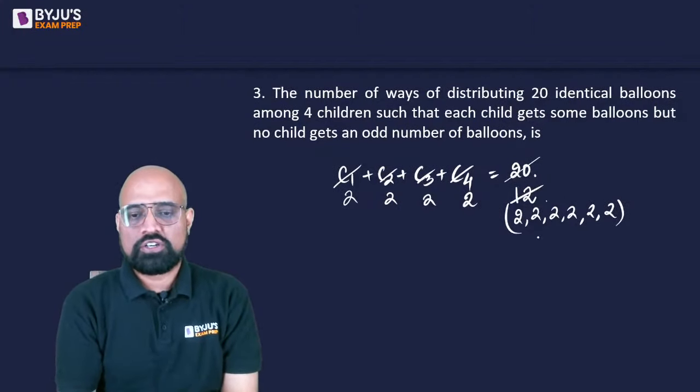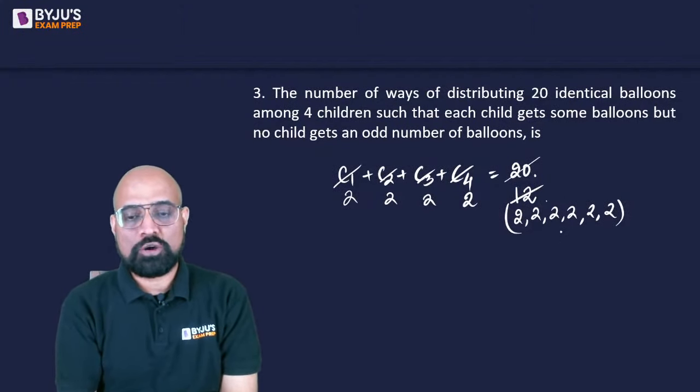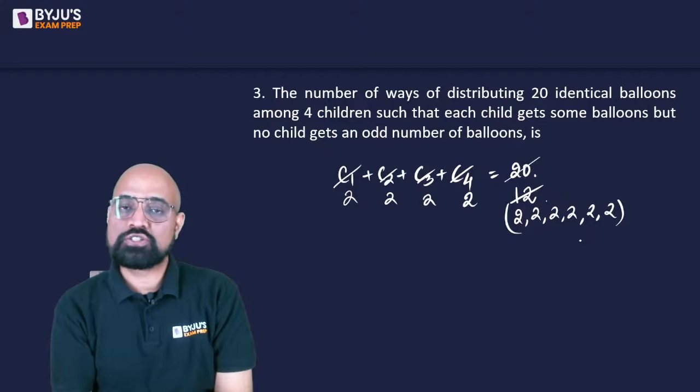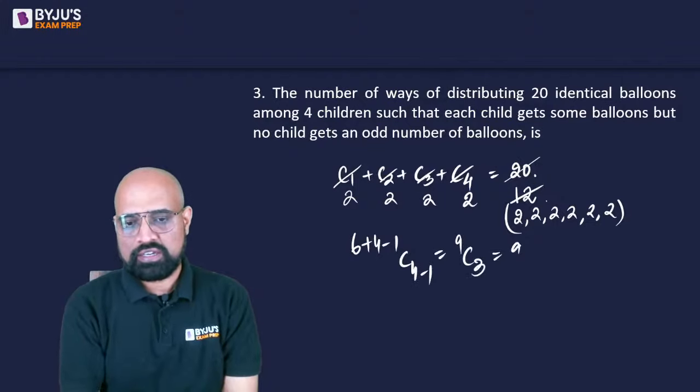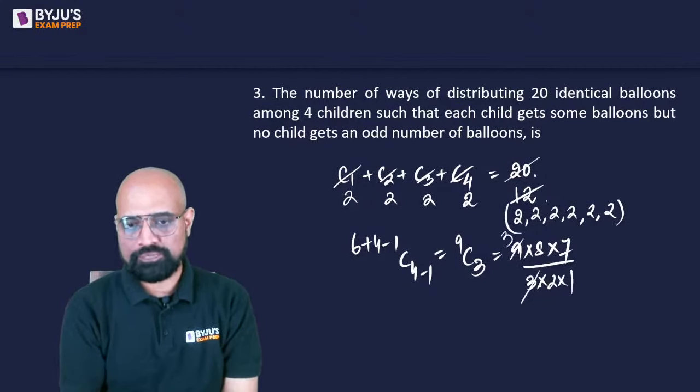So the question changes to: in how many ways can I give 6 2s to 4 children? It's going to be 6 plus 4 minus 1 C 4 minus 1, which gives 9C3. 9 into 8 into 7 divided by 3 factorial, which is 3 into 2 into 1. So 3 goes away, this 2 goes away. 12 into 7, 84 ways.